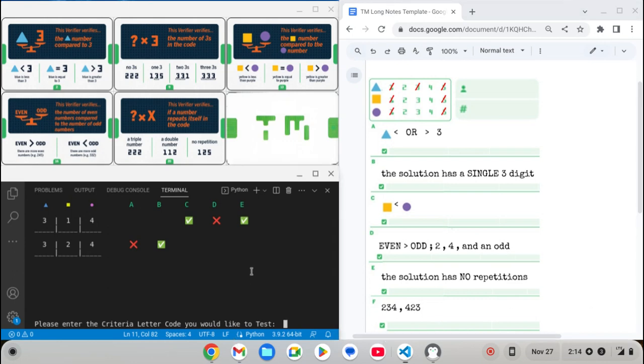Okay, well, again, we're going to have to go to a third round. And between 2, 3, 4 and 4, 2, 3, I'm just going to pick 2, 3, 4. And so we are going to test criteria card A again, because that will tell us which one it is.